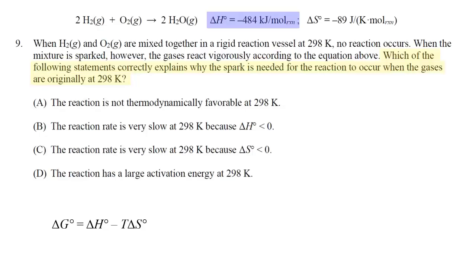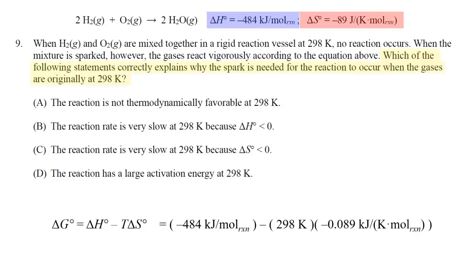Again, watch out for your units. We have kilojoules for delta H and joules for delta S. So when I do this math involving delta H minus T delta S, I get negative 484 kilojoules per mole of reaction minus 298 Kelvin times negative 0.089 kilojoules.